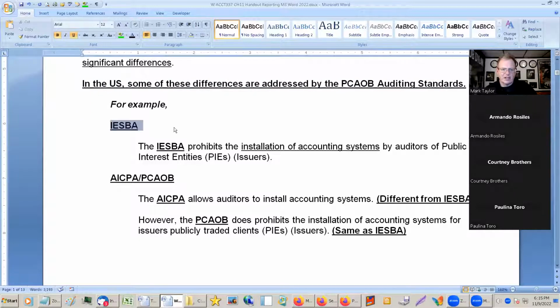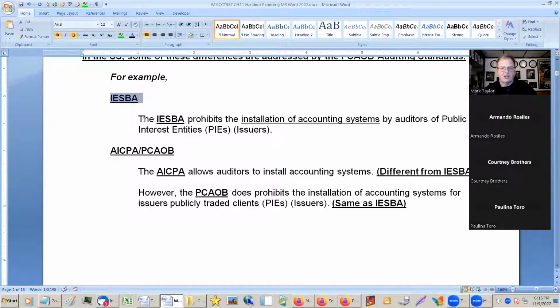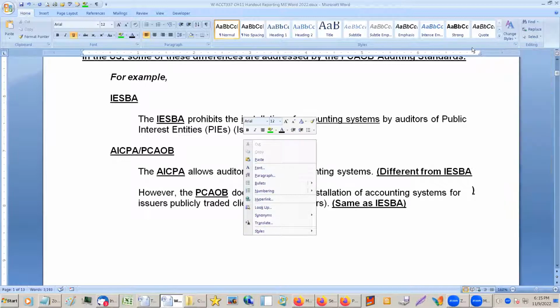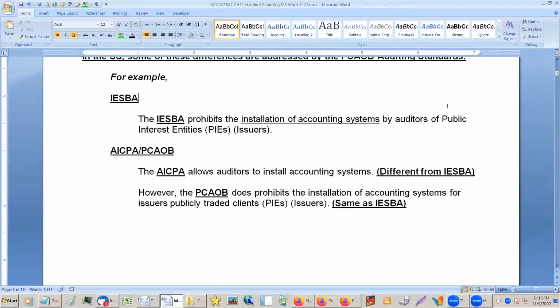So the international standards, for example, prohibit the installation of accounting systems. You can't install an accounting system for your client and then go audit it. The idea is that you must be kept separate from them, and you don't want to audit your own accounting system. So they prohibit the installation of accounting systems.